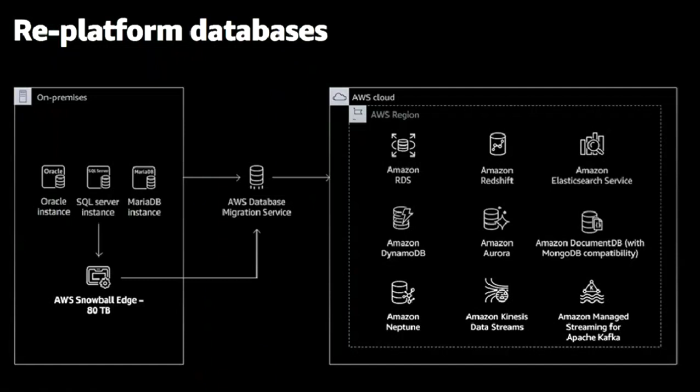If the customer has a big chunk of database, you can use the Snowball, which is a hardware appliance, to back up the data from the production SQL servers or Oracle server, and then ship it to be migrated by this server. It connects to the migration DMS and back to production.